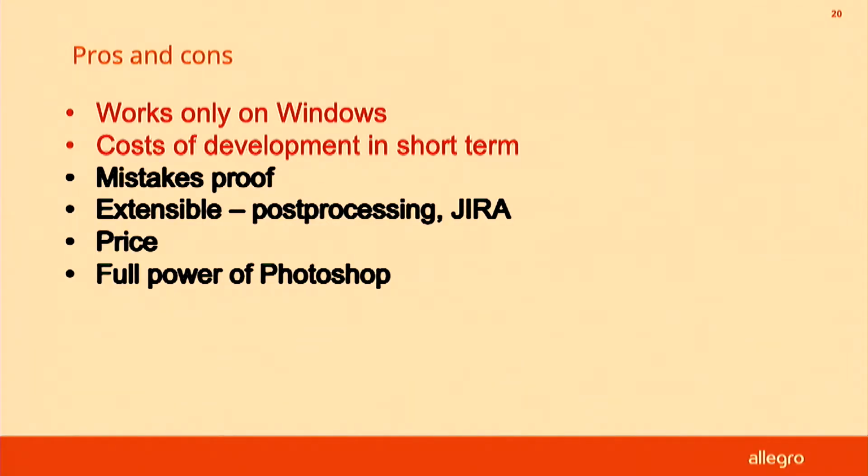Overall, our solution is reasonable because solutions on the market that have some of these features have high cost in the long term. And we use the full power of Photoshop, and the sky is the limit for our solution.